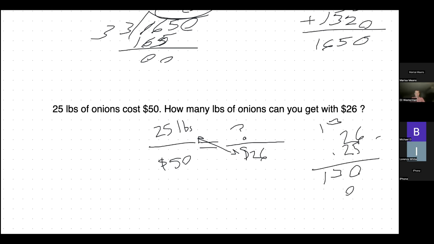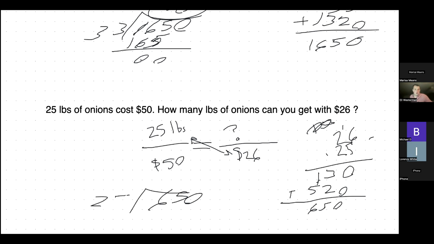Placeholder 0. 2 times 6 is 12. Carry the 1. 2 times 2 is 4. Plus 1 is 5. So we get 650. So we get 650 is what 25 times 26 is.